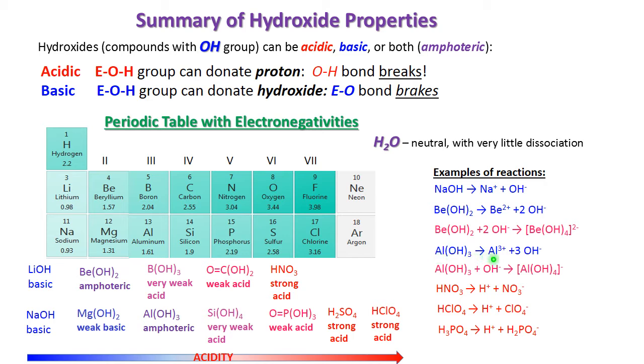Aluminum hydroxide can make aluminum 3 plus ion and 3 hydroxide, or it can take 1 hydroxide to make a negative ion, similar to beryllium. Now nitric acid dissociates as a strong acid, making proton and nitrate. Perchloric acid makes proton and perchlorate. Weak phosphoric acid makes 1 proton and dihydrogen phosphate ion. It can undergo further dissociation later.